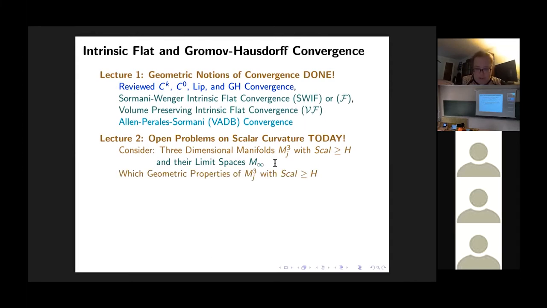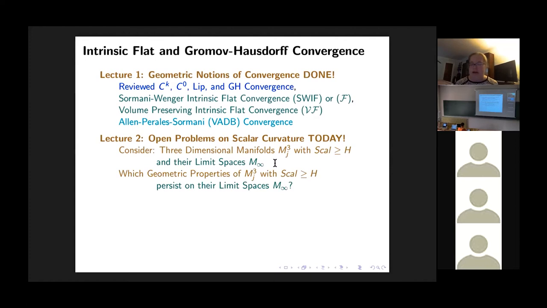We're interested in which geometric properties of M_j^3 with scalar greater or equal to H will be conserved under this convergence to limit spaces. As many of you have been attending Mondino's lecture, you know about the properties of Ricci curvature that persist under measured Gromov-Hausdorff convergence to their limit spaces, which are CD spaces and RCD spaces.